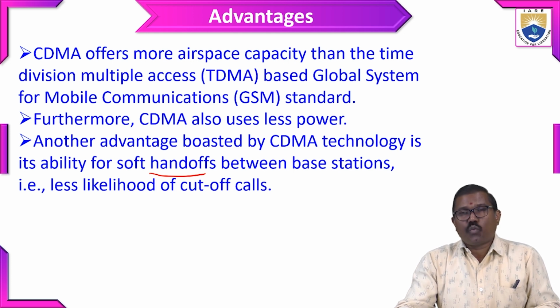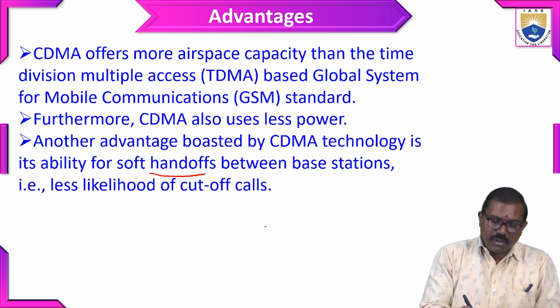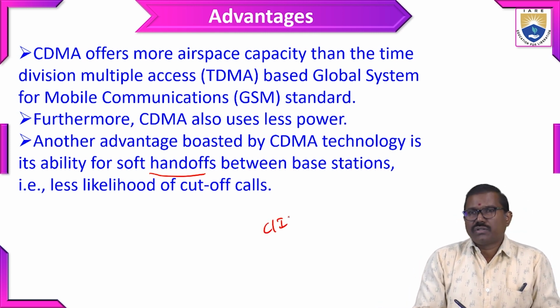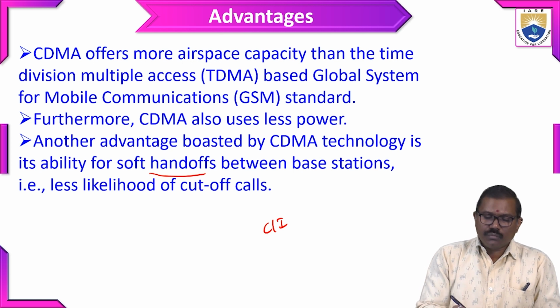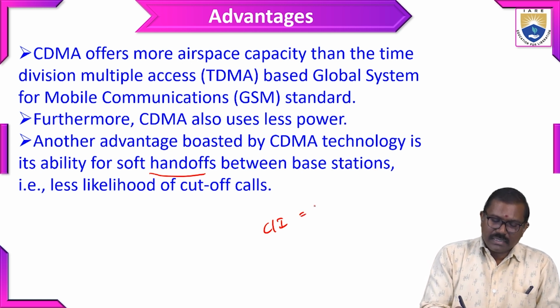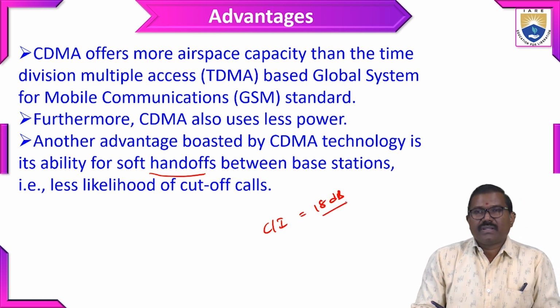Because at the border of the cell, the signal is weak and interference increases, so the C by I is going to reduce and the call may be cut off. We should maintain a good C by I of 18 dB.